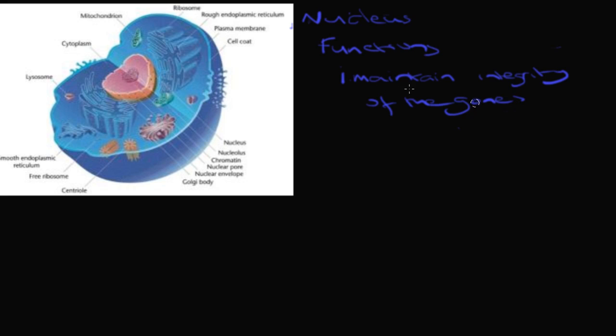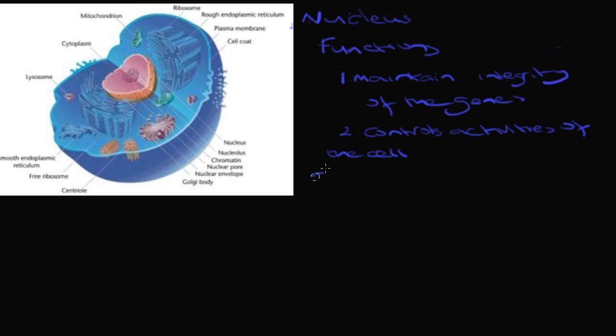And the genes are obviously very involved in reproduction of the cell and reproduction of the human body as a whole. And the second activity, and this is equally as important, is it controls activities of the cell.